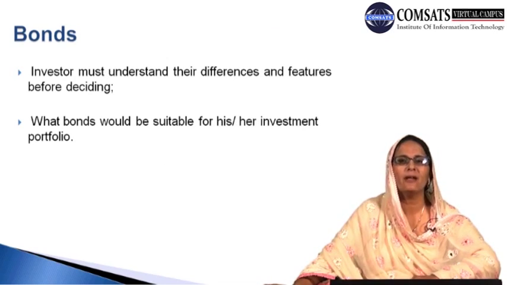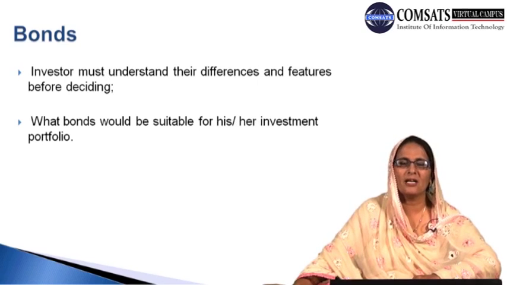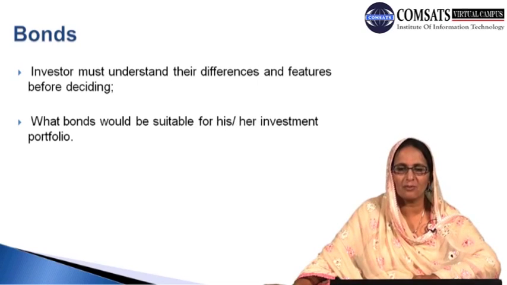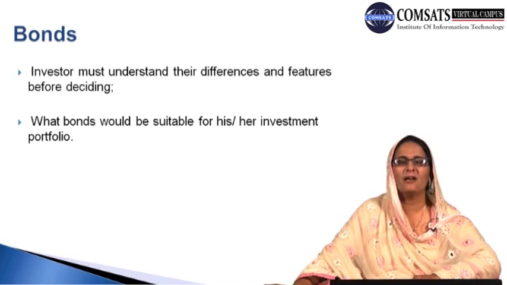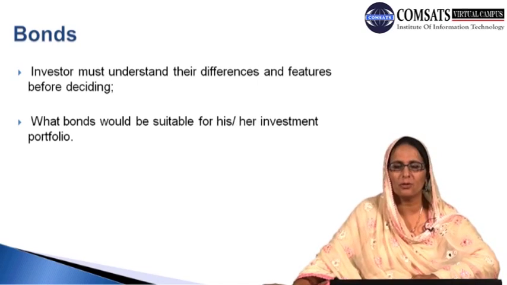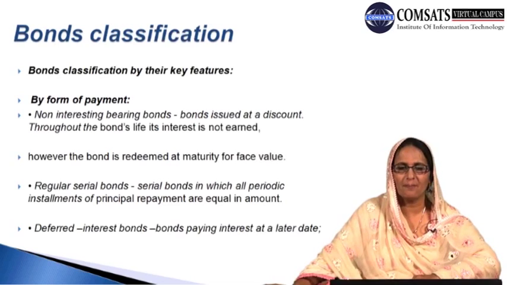Therefore, it is very important for the investor to first decide on the nature and features of different bonds and the differences among them, because a large number of bonds are being traded in the market nowadays. If investors have proper knowledge of the various types and features of bonds, and can understand the differences among them, they can decide which types of bonds are suitable or not suitable for them.